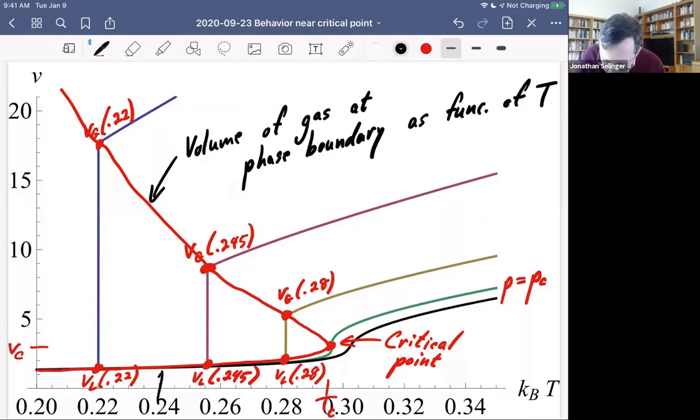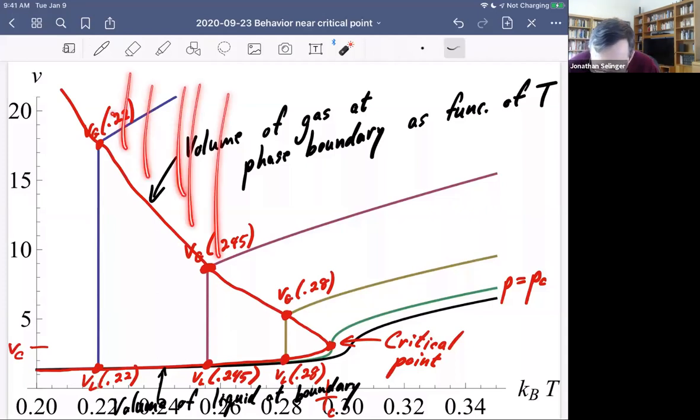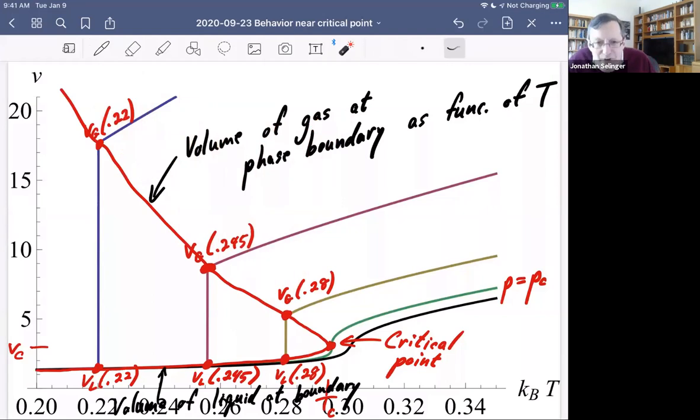And likewise, this is the volume of the liquid at the boundary. The gas could have a bigger volume than this, anywhere up here, but this is the minimum volume of the gas as a function of temperature.